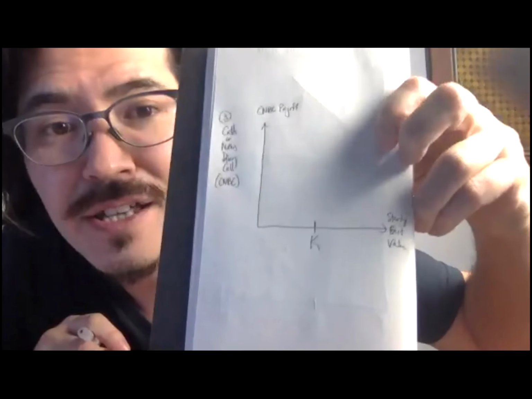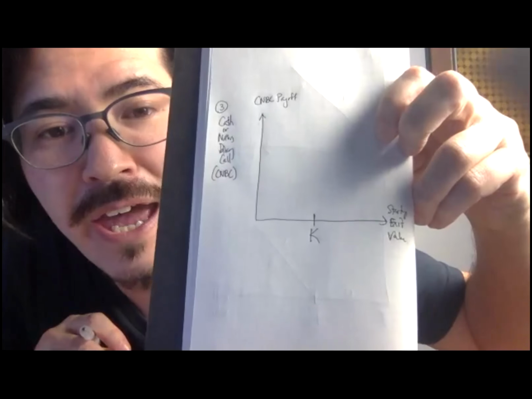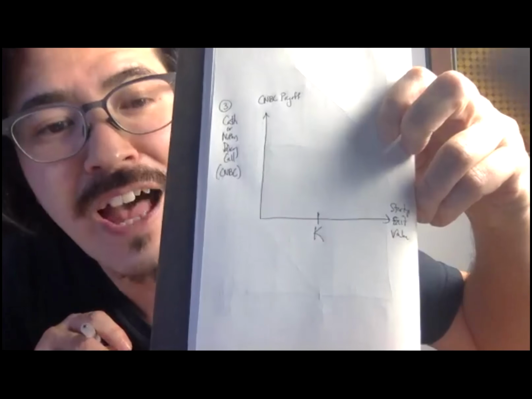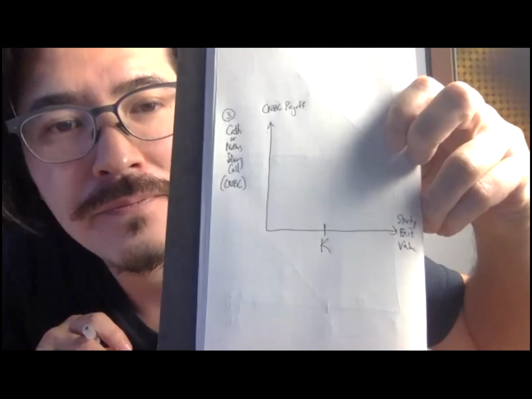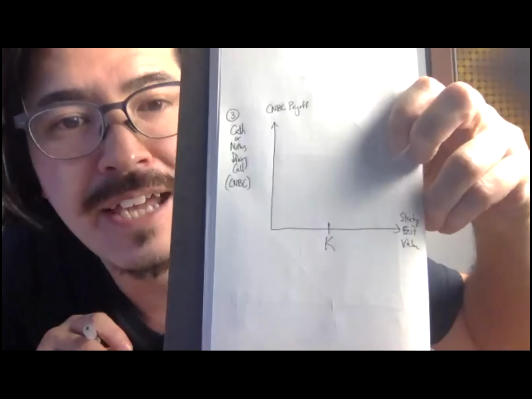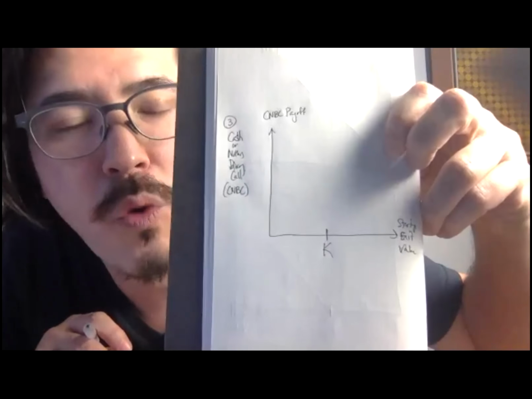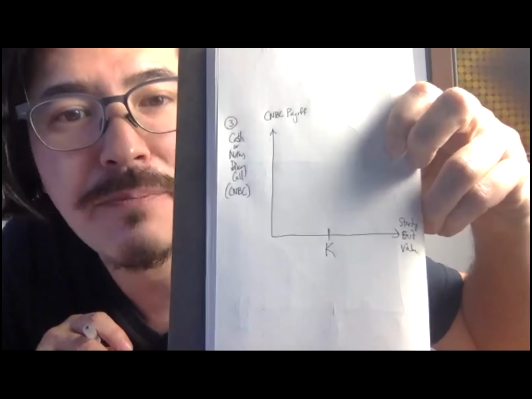So again, just like the two other classes of securities, the x-axis is still the exit value of the whole startup. We still have a strike price K. This is all happening at the exit date for the startup. And again, our y-axis now is the CNBC payoff. A CNBC, a cash or nothing binary call, gives you nothing if the exit value of the startup is less than the strike price.